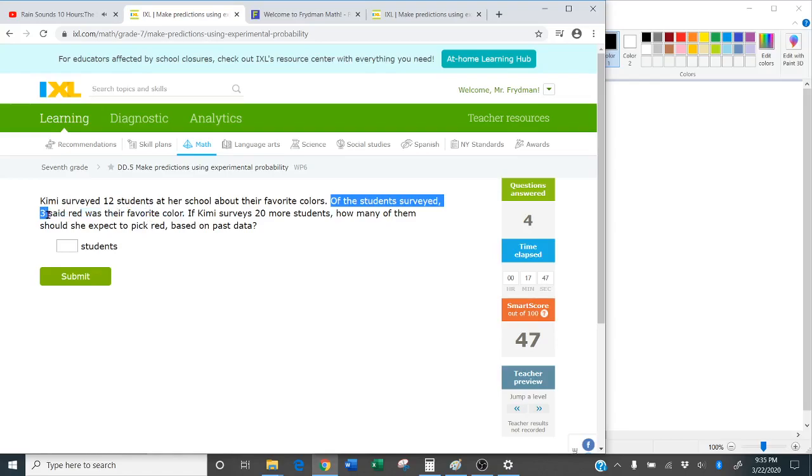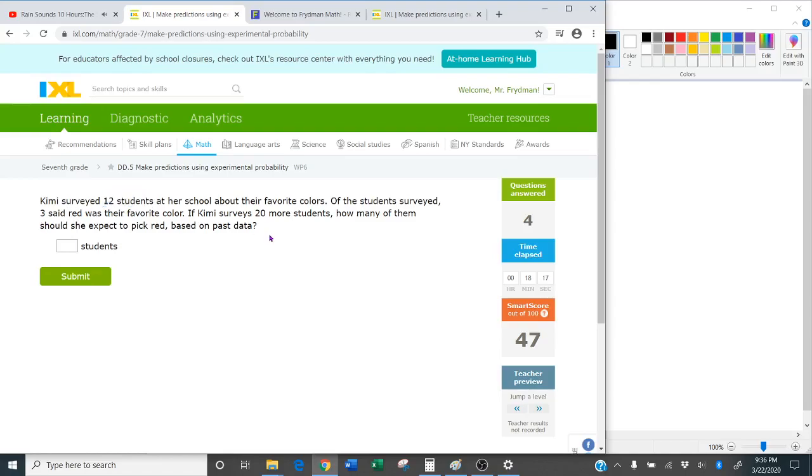So these 3 were already included in the students surveyed. That means that when you do good over total for this question, you would not add up these numbers because the 3 is already in here. These 3 students who said red was their favorite color were already included in these 12 students who were surveyed. So we would not add the 3 and the 12 for this.